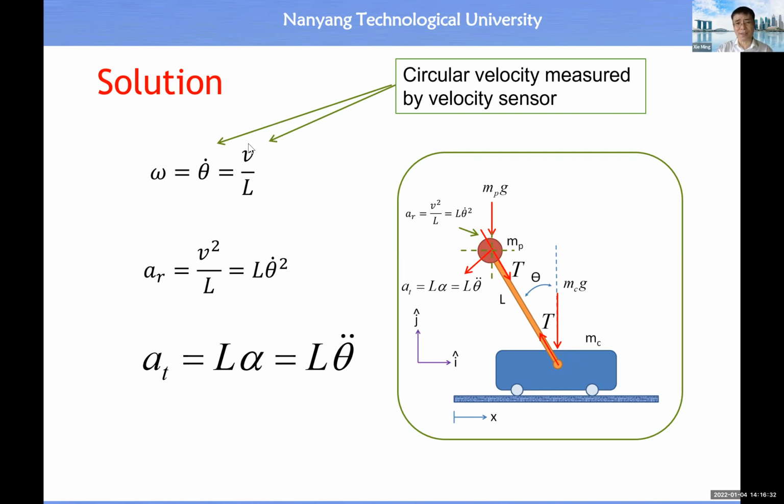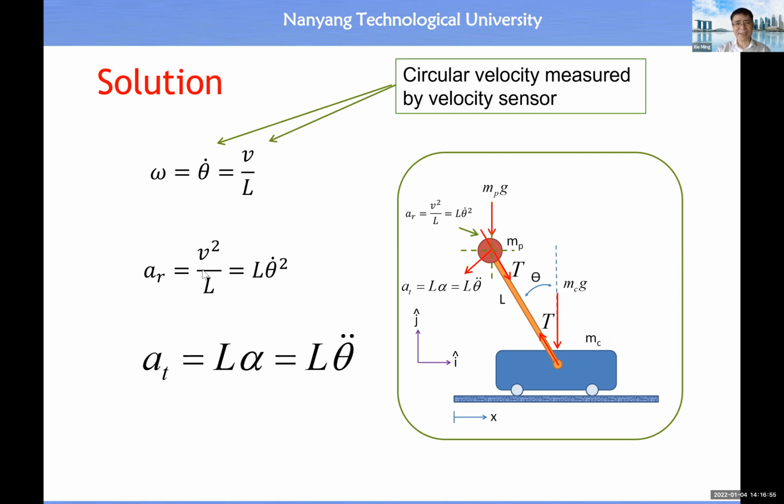This is the circular velocity of the ball along the circular path, because when this rotates, the ball follows a circular path. So circular velocity divided by the length of the rod, the length equal to L, which is equivalent to the radius of the circular path. So these are the basic equations.